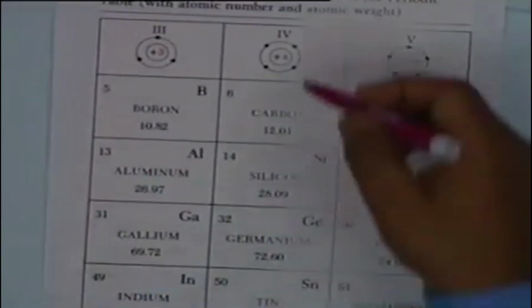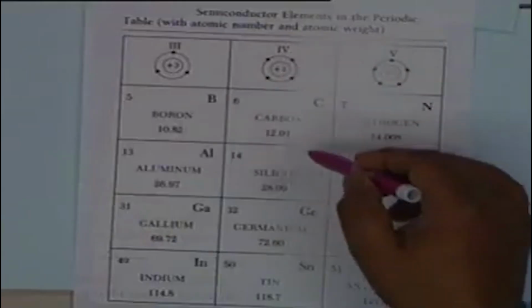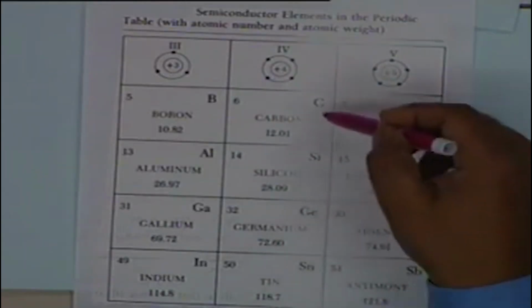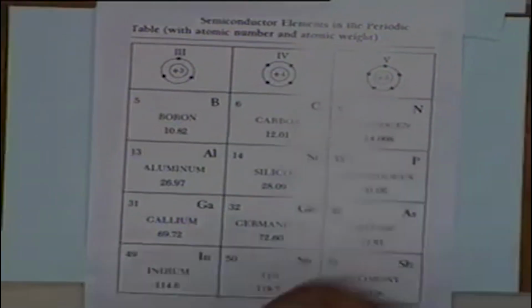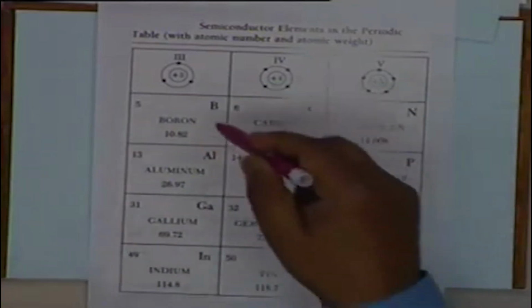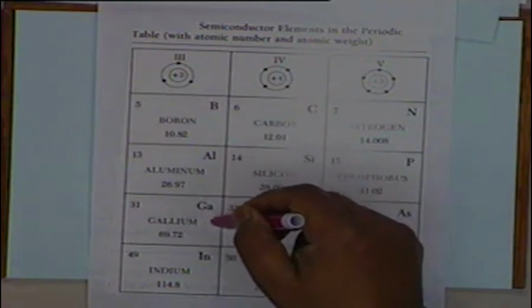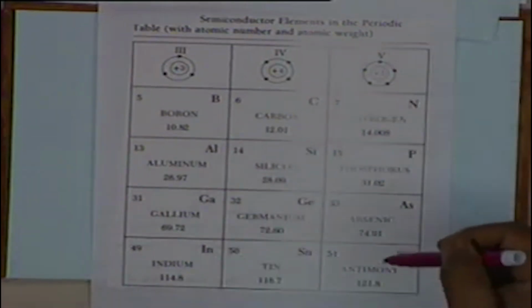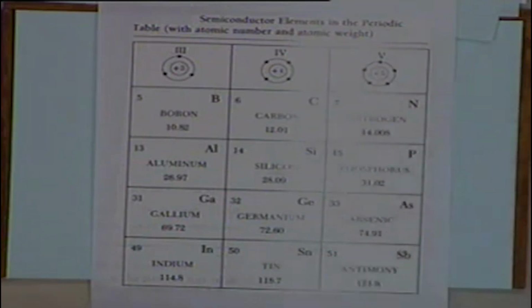Can you see this? This is the 4th column, and silicon is here, germanium is here. There are other candidates, carbon, tin, both of them can act as a semiconductor. Now, the trivalent impurities are boron, aluminum, gallium, indium, whereas pentavalent impurity candidates are nitrogen, phosphorus, arsenic and antimony.